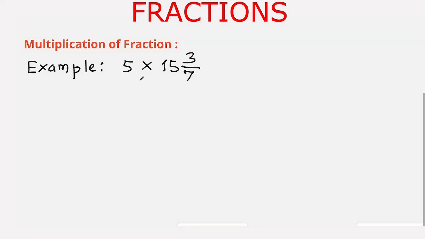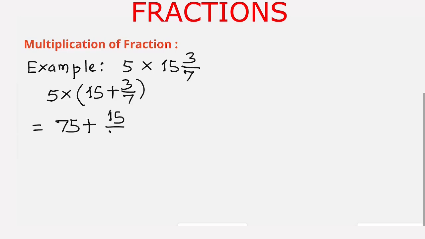The given example is 5 multiplied by 15 whole and 3 upon 7. This can be written as 5 multiplied by 15 plus 3 upon 7. Now it becomes very easy to solve it. 15 times 5 is 75 plus 5 multiplied by 3 is 15 upon 7.